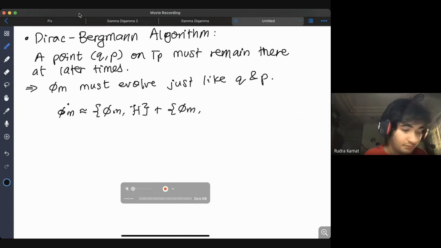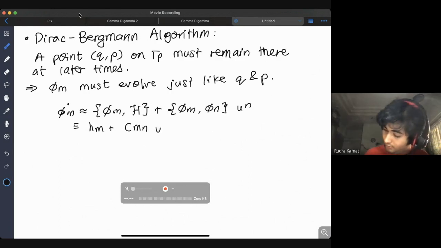So phi m dot, we just plug it into the dynamical equations we had, which we can denote as HM plus CMN UN set to 0.